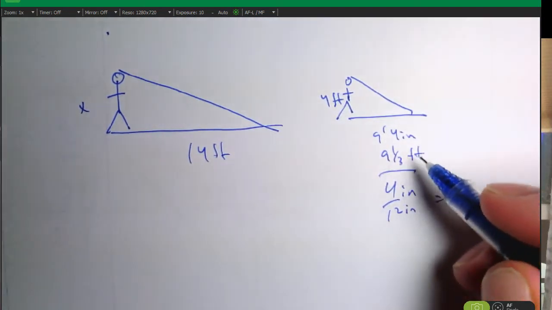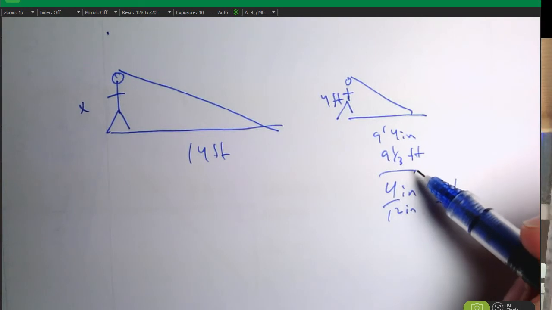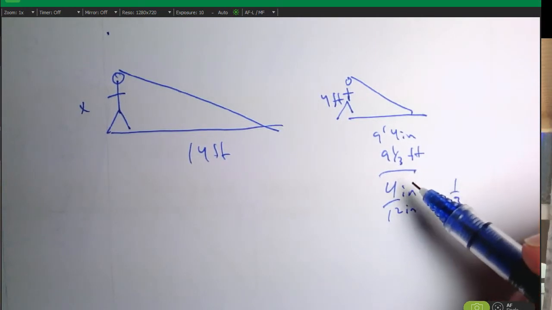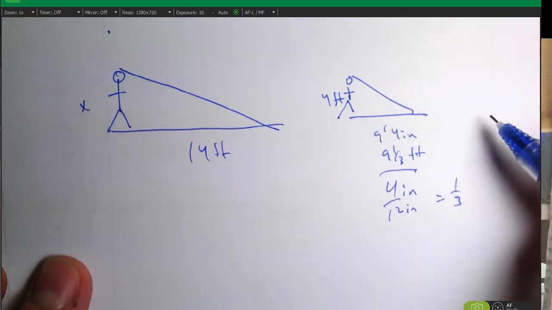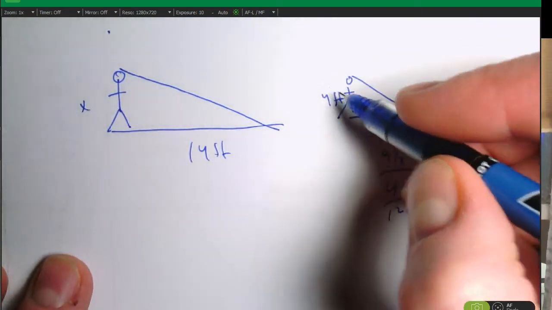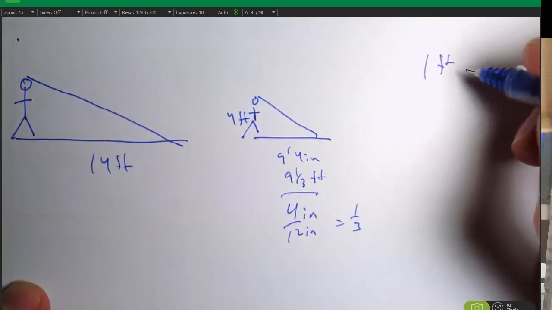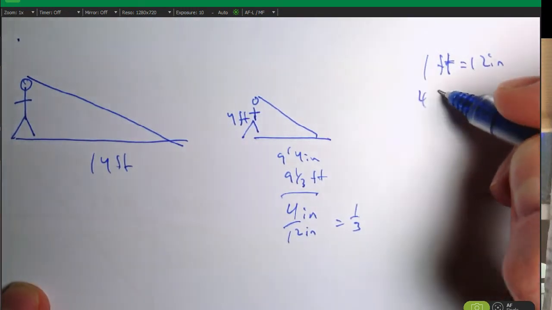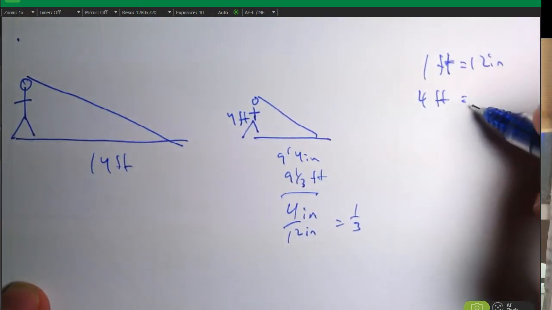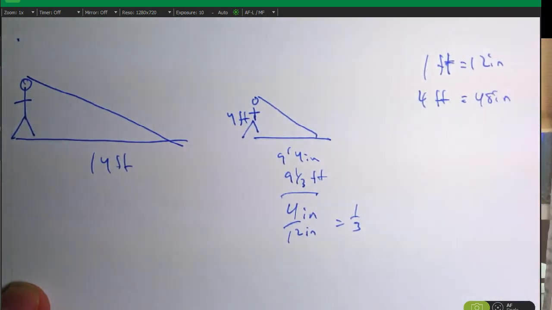Now the problem I have with that is that a lot of you are crazy about using your calculators. You'll throw it in there and get 9.33333 feet, and it throws your answer off. So instead I'm going to convert everything to inches. 4 feet, and I know 1 foot equals 12 inches. So 4 feet will equal 12 times 4, which is 48 inches.